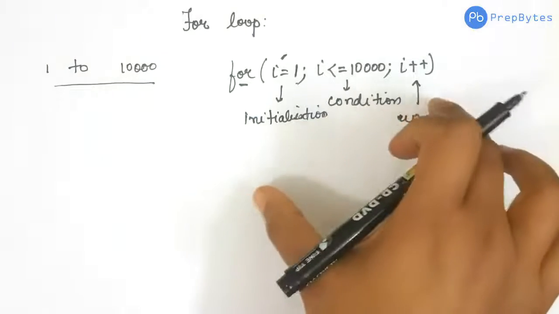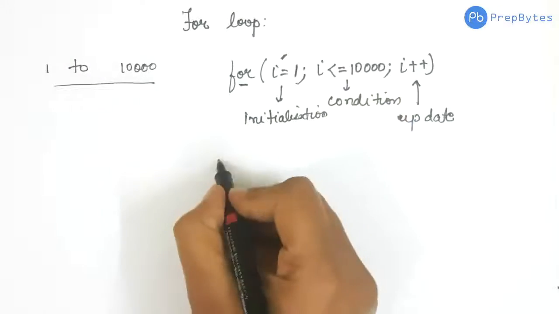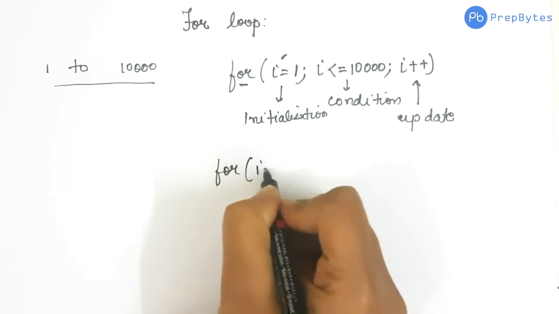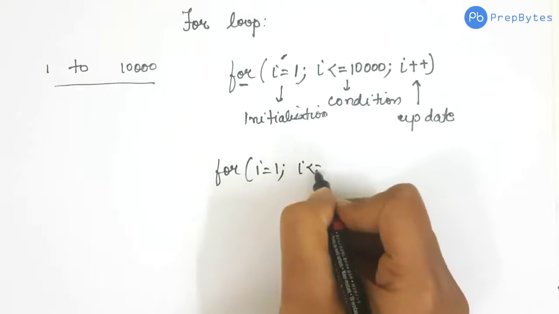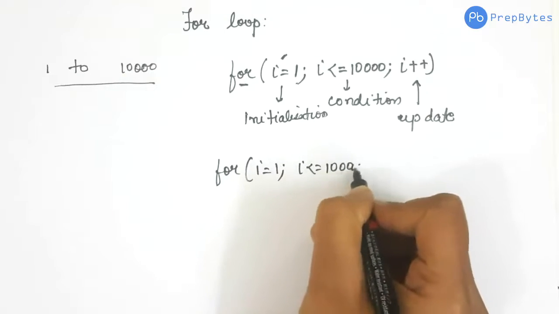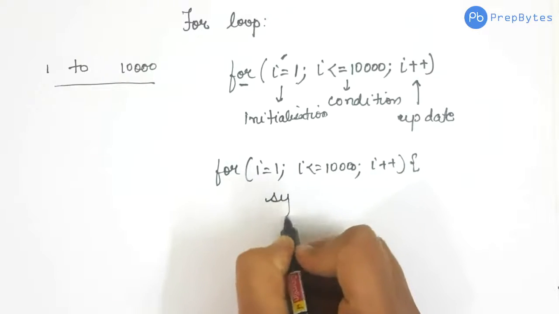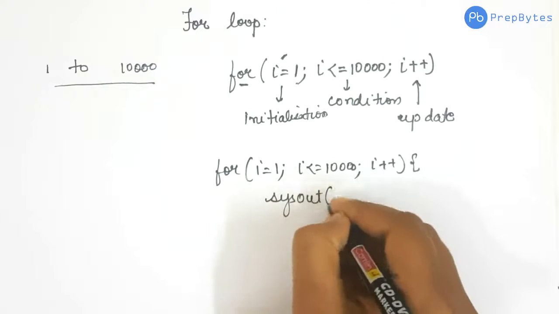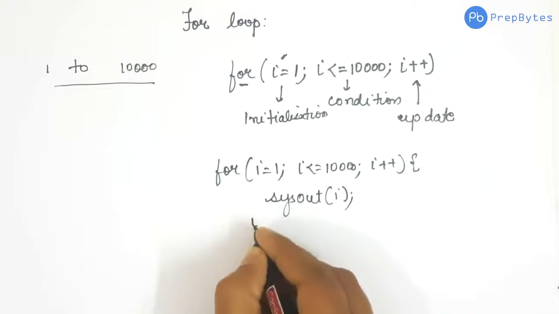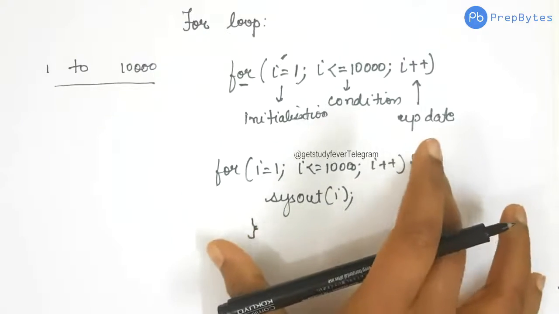After this I have to give the body of the loop. So how do I give the body? I have for i = 1, i <= 10,000, i++. Now the body of the loop goes something like this. Let's say I do sysout i. So this is about the for loop.